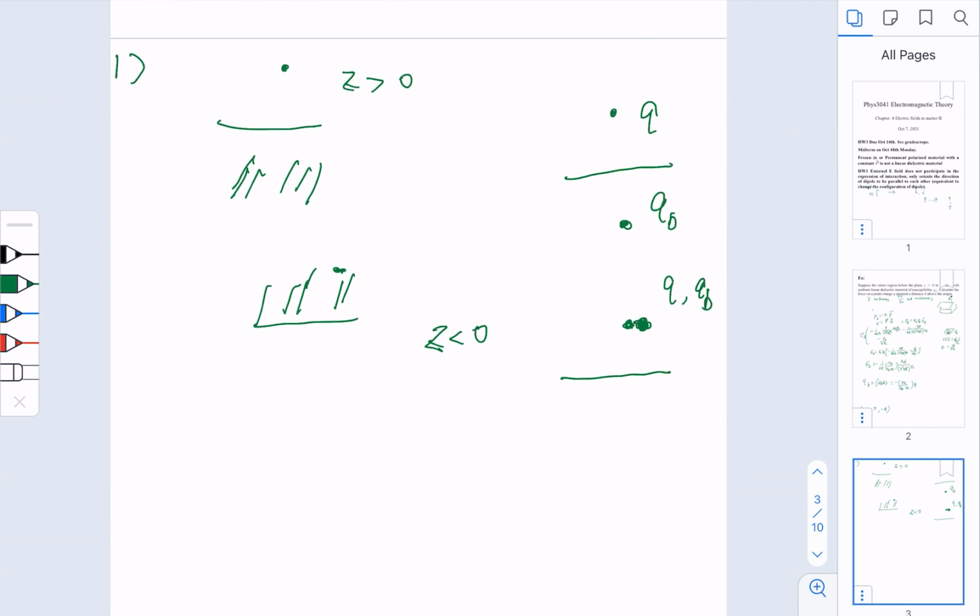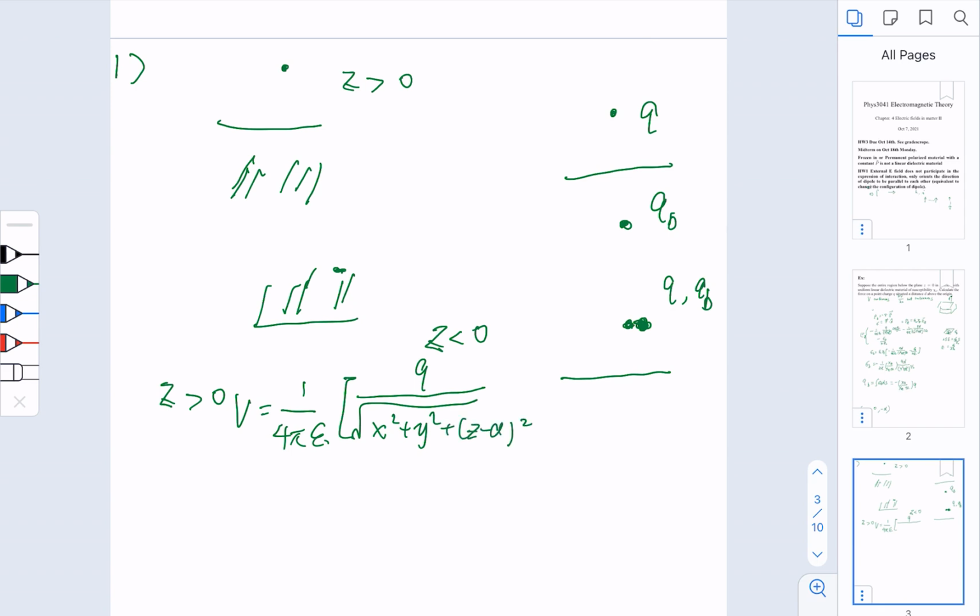Now you can easily write out this expression for the potential for z larger than 0. So at z larger than 0, the V should be, so there is a first term due to the original charge, and there is also the second term due to the image charge.